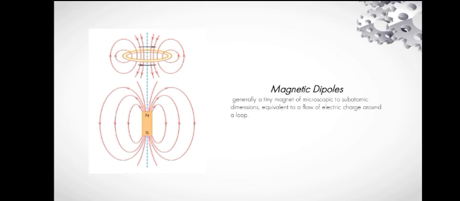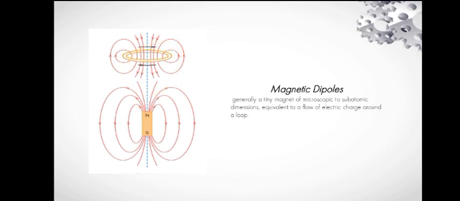Magnetic dipole, generally a tiny magnet of microscopic to subatomic dimensions, equivalent to flow of electric charge around a loop. So if we look at the figure, that is where we will base it, where the flow of electric charge around the loop is, which is this one.